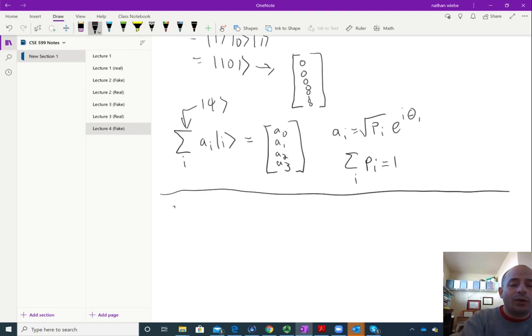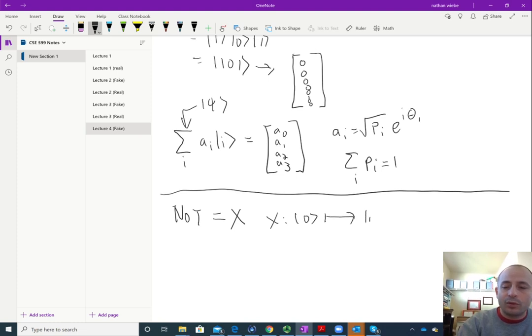Let's say we want the NOT gate. The NOT gate is also expressed as X or Pauli X in this case. And what it does, in Dirac notation, is it maps |0> to |1> and |1> to |0>.